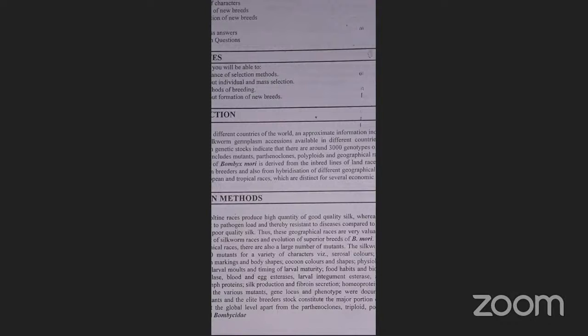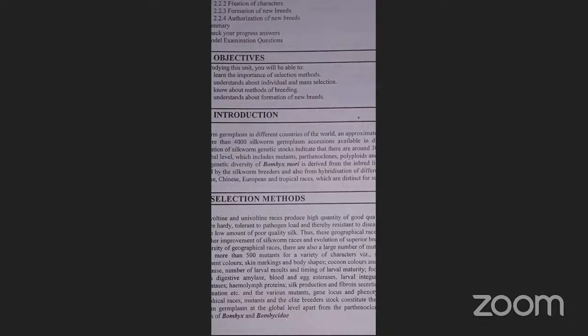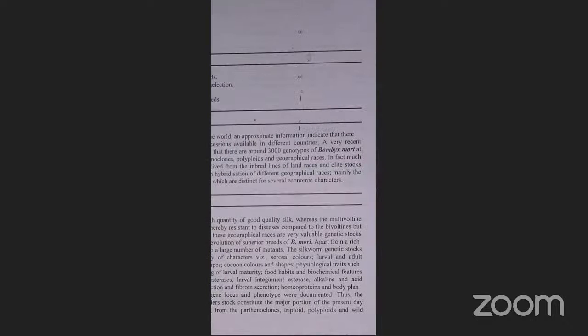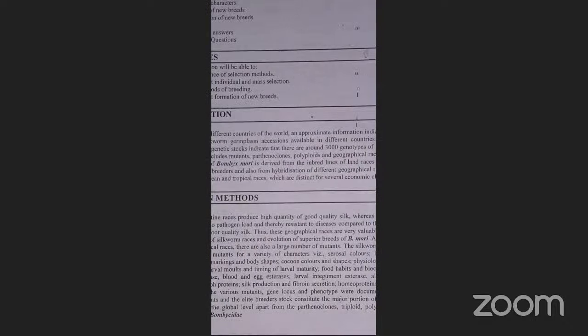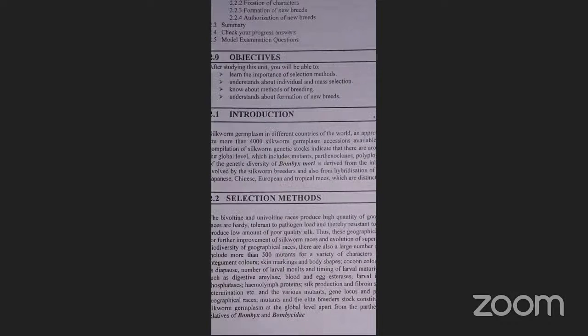In fact, much of the genetic diversity of Bombyx mori is derived from inbred lines of land races and allied stocks, evolved from silkworm breeds and also from hybridizations of different geographical areas.